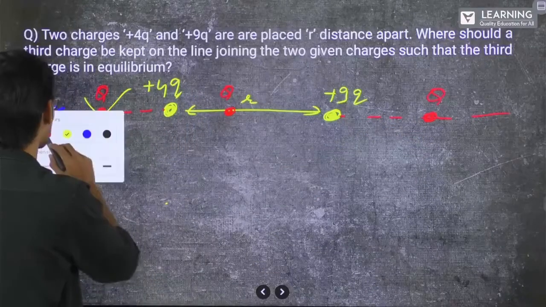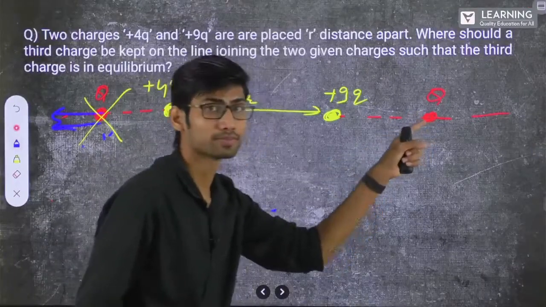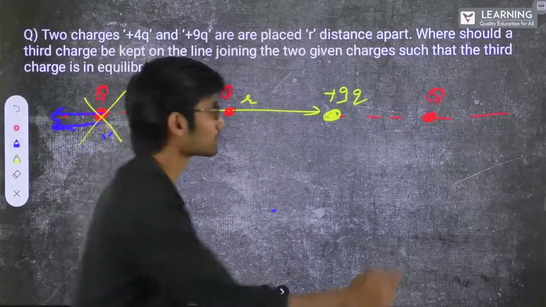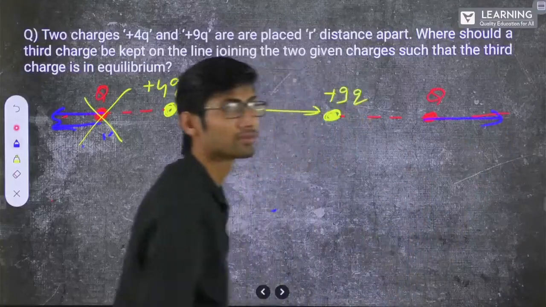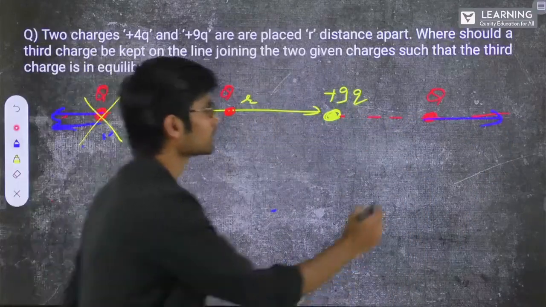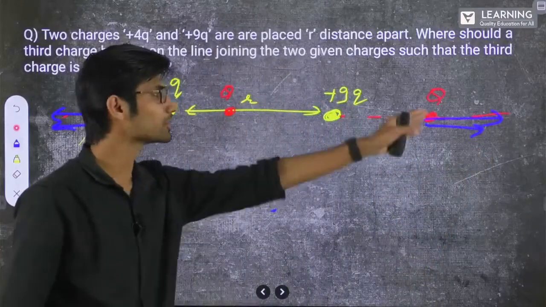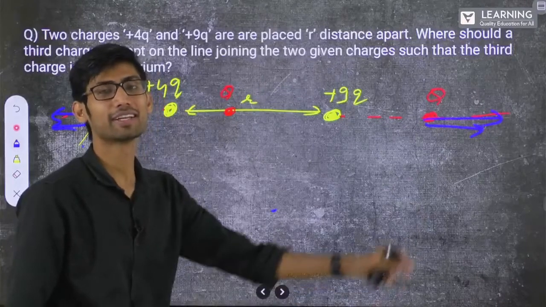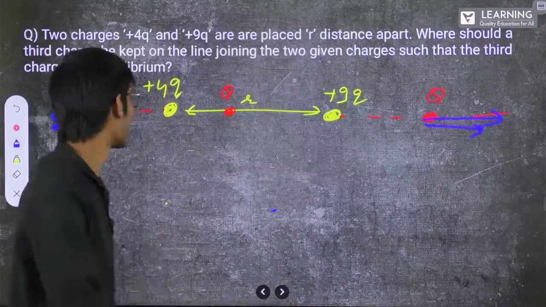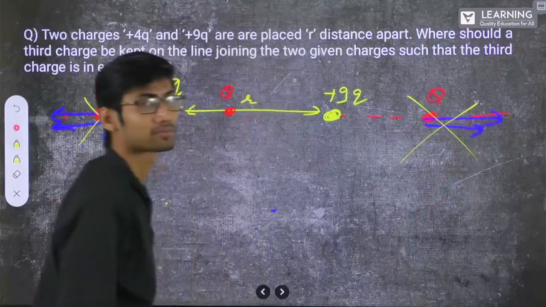Force on this charge due to this charge in this direction. Force on this charge due to this charge again in this direction. It will repel. Both are in same directions. The net force can never be zero. Again, this possibility does not exist.